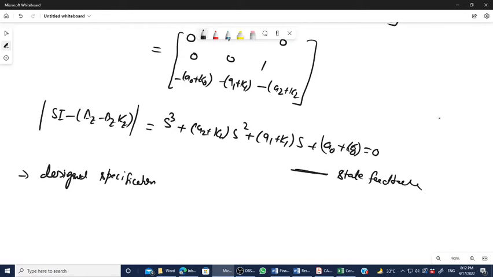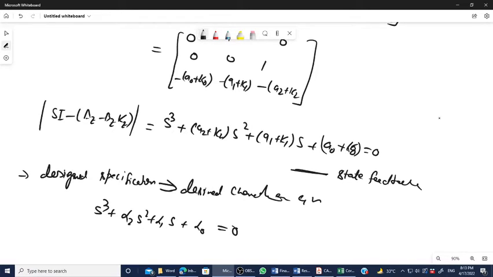With the help of design specification, you can draw the desired characteristic equation. Let's say this is s cubed plus alpha2 s squared plus alpha1 s plus alpha0 equal to 0. So what do you have to do now?